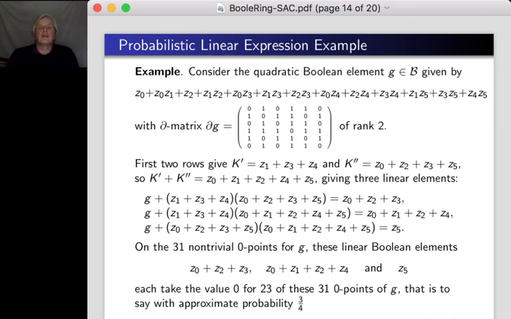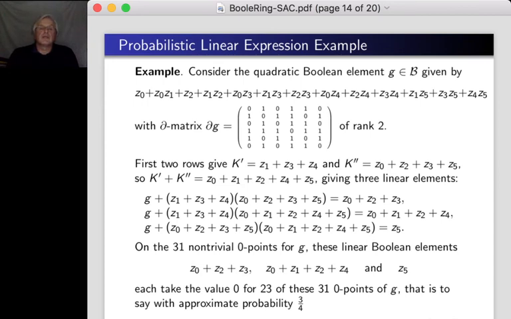So here's an example of a quadratic Boolean element given by that expression Z0, Z0, Z1 and so on. If you calculate its partial matrix given there, it has rank 2. The first 2 rows give values of k and k double dashed. The third non-zero row corresponds to k dashed, k double dashed. And we can construct these expressions. We get 0, Z0, Z2 plus Z3, Z0, Z1 plus Z2 plus Z4 and Z5.